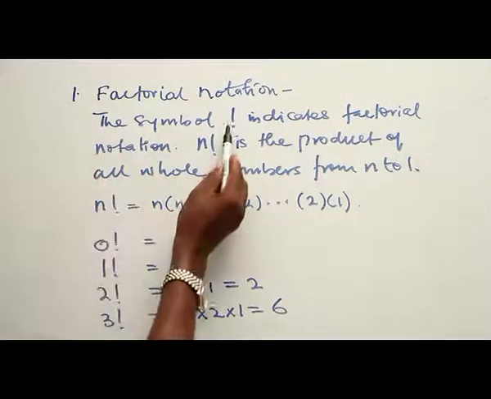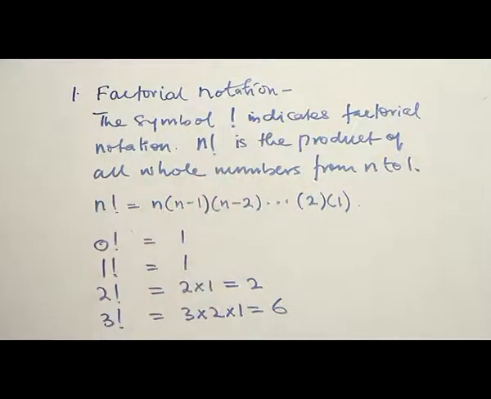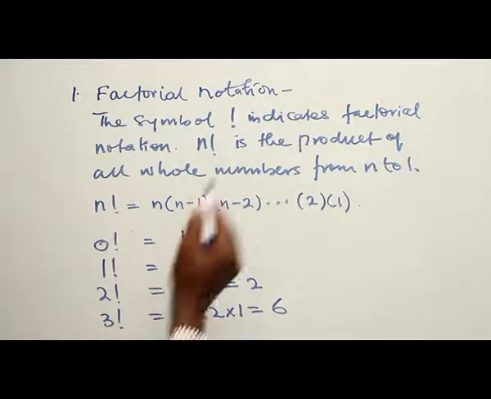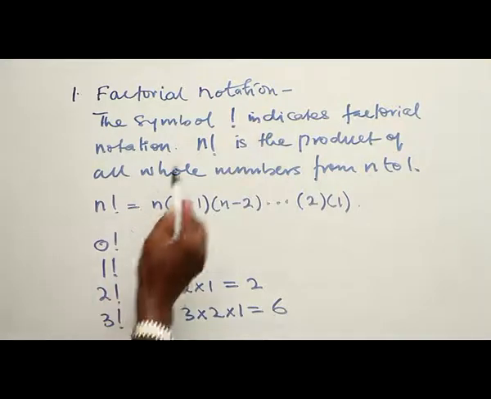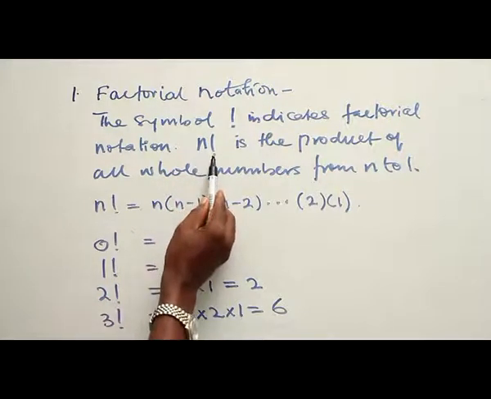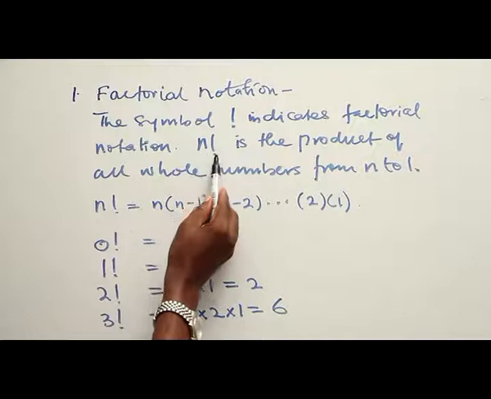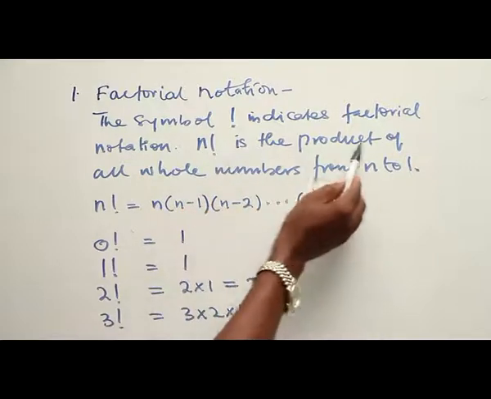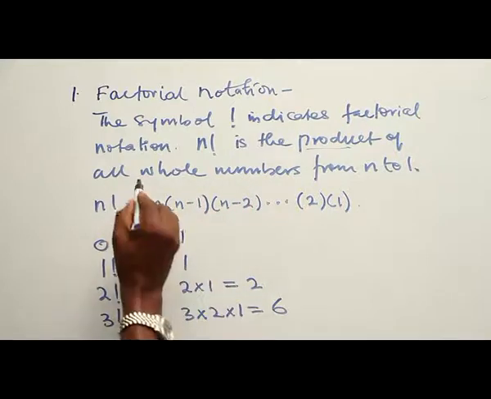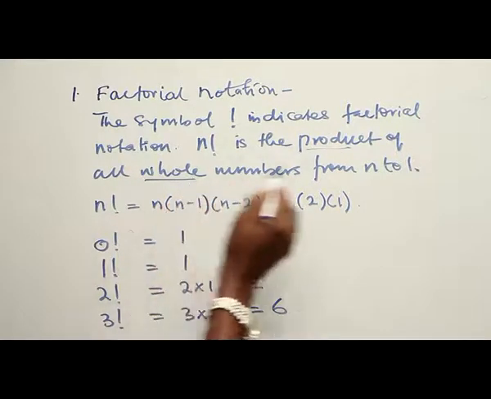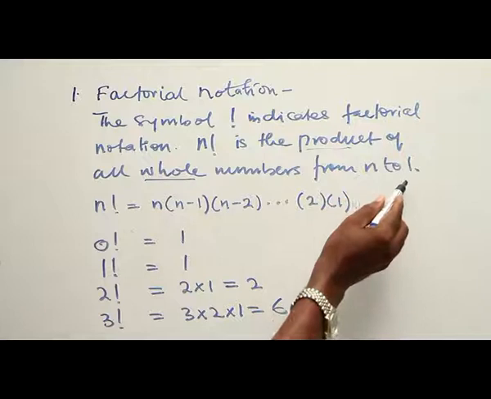The symbol, an exclamation mark, indicates factorial notation. This n factorial is the product of all whole numbers from n to 1.